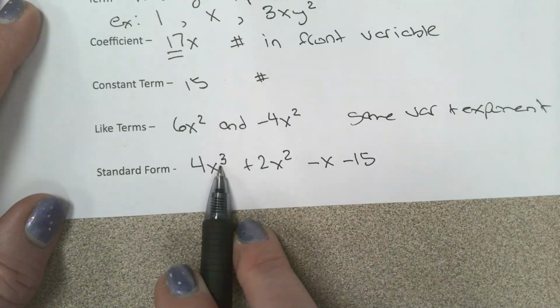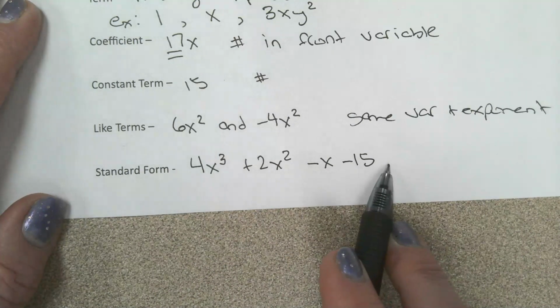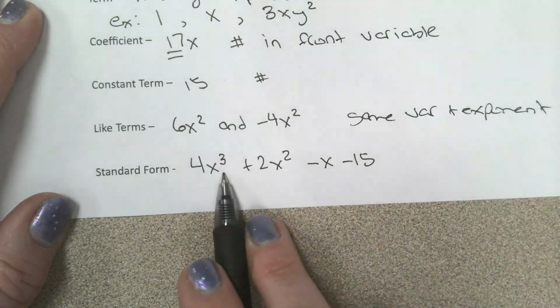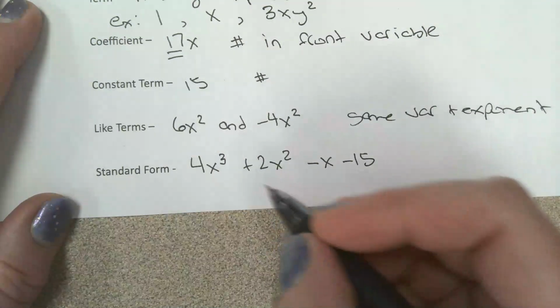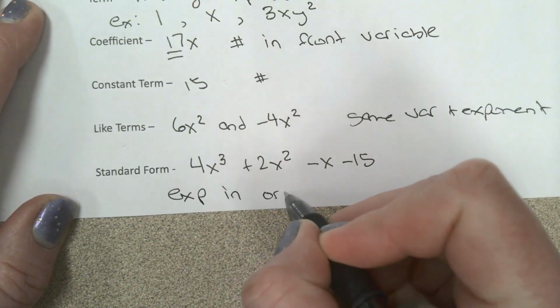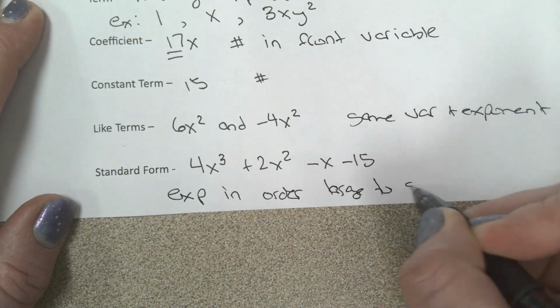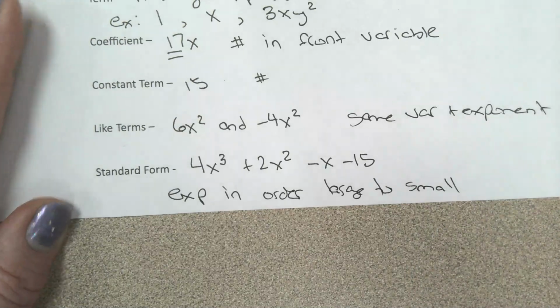So in standard form, your exponents go from largest to smallest, and you don't have any duplicates. Exponents in order, large to small.